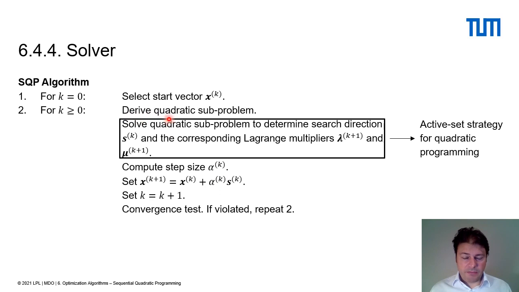With this quadratic subproblem derived, now you can solve for the search direction and a corresponding Lagrange multiplier lambda k plus 1, and also mu k plus 1 by doing the bookkeeping that we introduced for quadratic programming when we checked whether active constraints are violated or not, and updates were made accordingly.